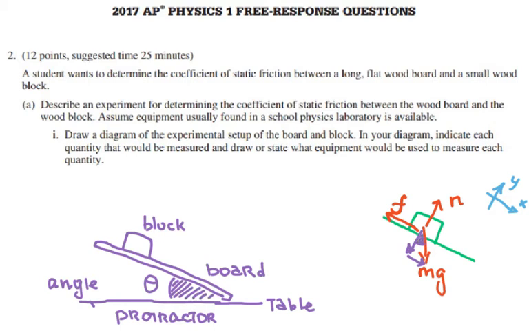Let me show you why. So if this is the force mg, and if this angle was theta, then if I place a line that is perpendicular to the surface, to where the board would be, so here is the board.